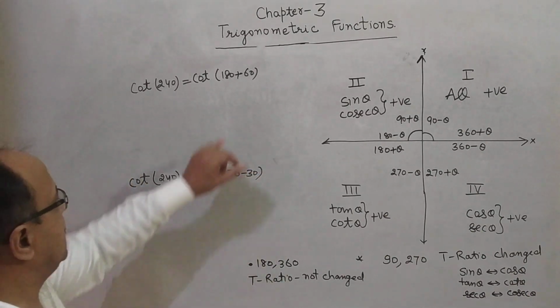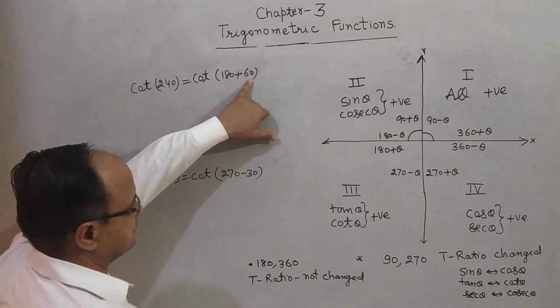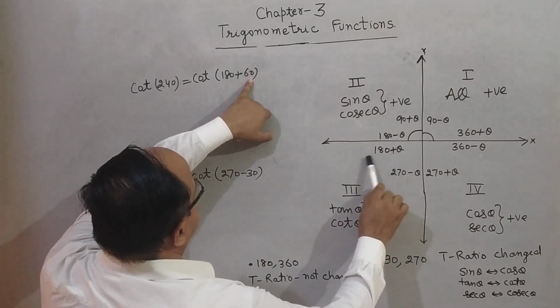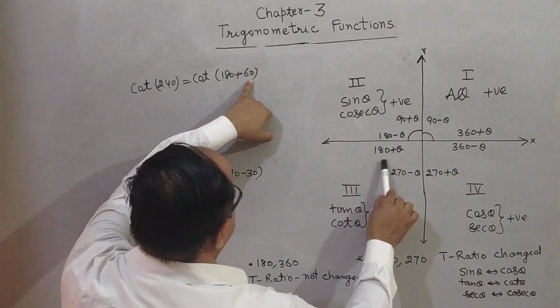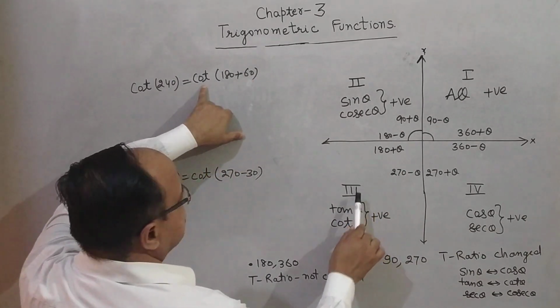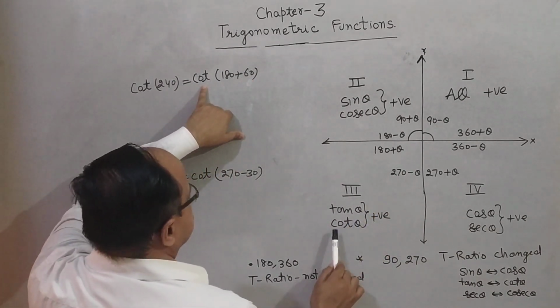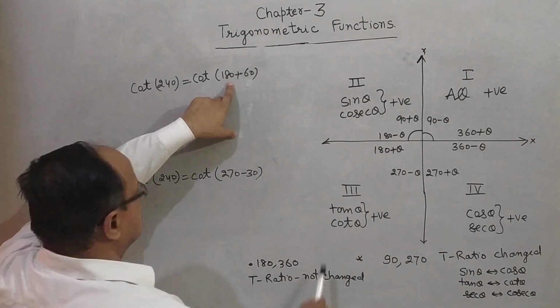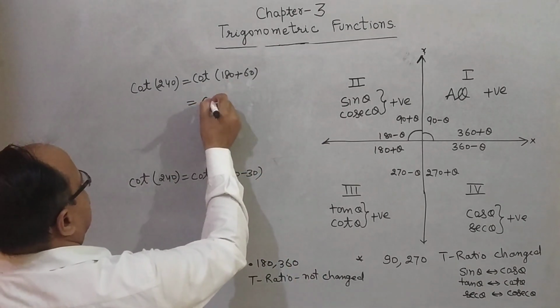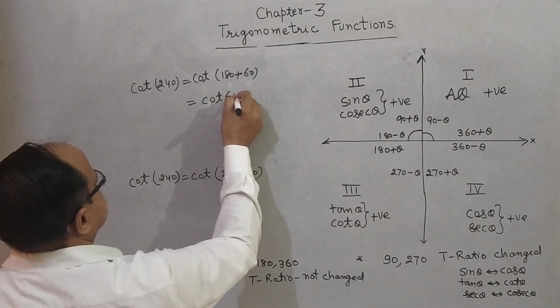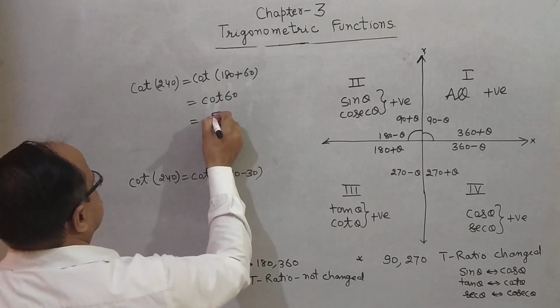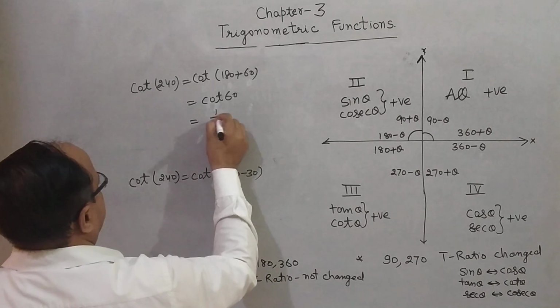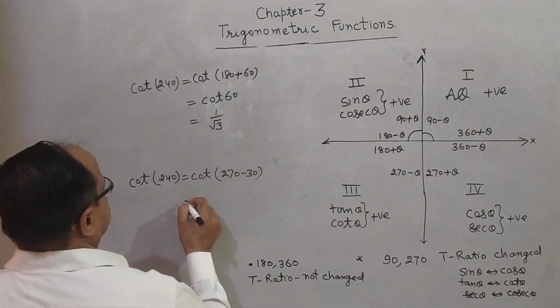Clear? Take 180 plus theta. It lies in the third quadrant, and in the third quadrant cot is positive. This is the case of 180, which means the T ratio does not change. Cot remains cot, cot 60, and the value of cot 60 is 1 by root 3. Clear?